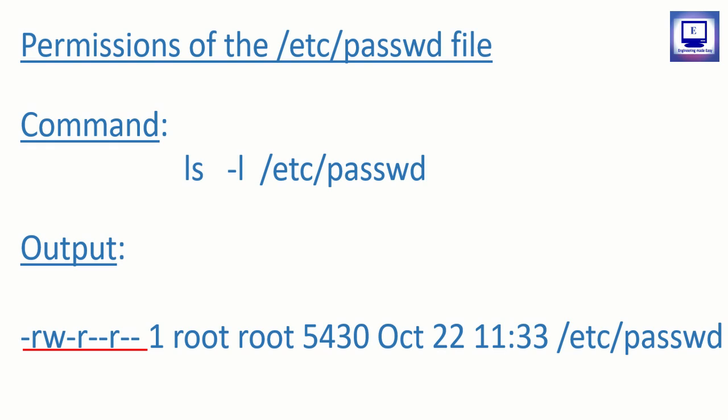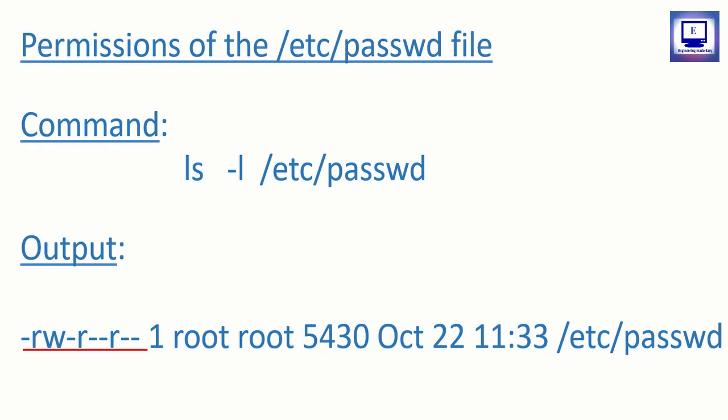The next three fields indicate the permissions of the group users, and in this case the group members can only read the file but cannot write or execute it. The last three fields are for the other users of the system, and you can see, similar to the group members, they can also just read this file but cannot write or execute it.